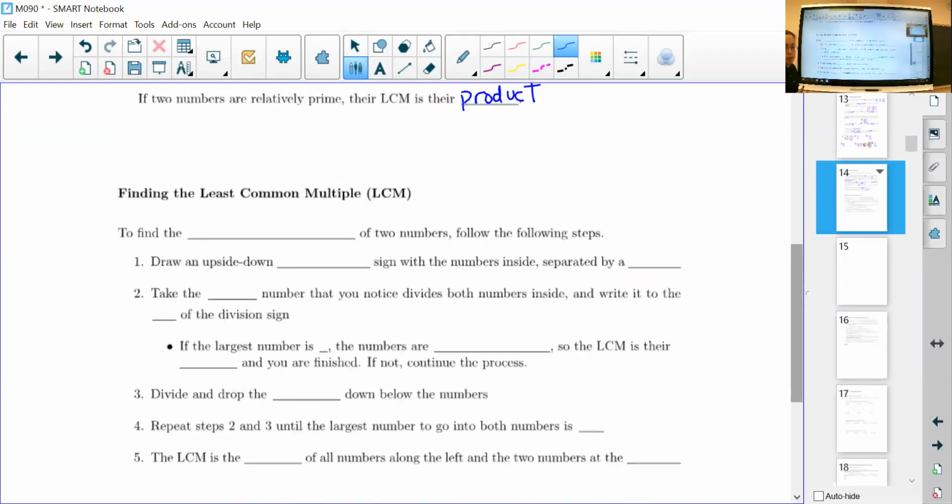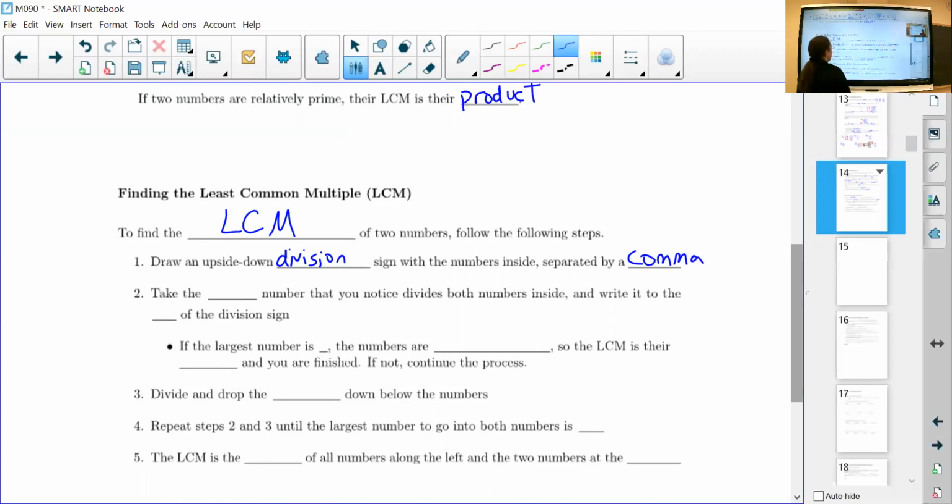To find the least common multiple, here's what you do. I write LCM of two numbers. We're going to start by drawing an upside down division sign. Just like we did the division earlier to find the prime factorization, we're going to do something similar, but now we have two numbers inside.